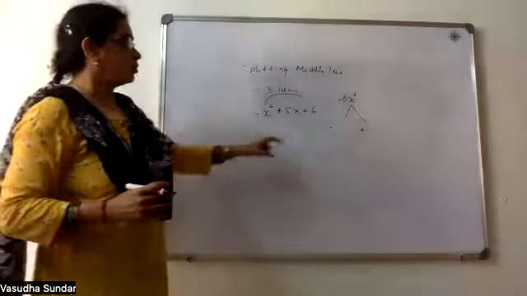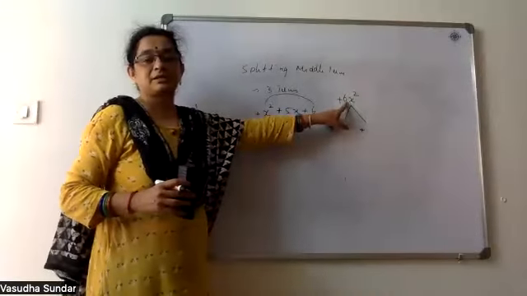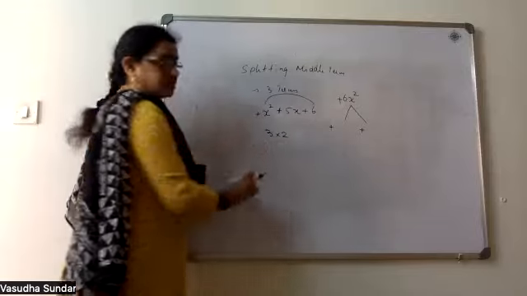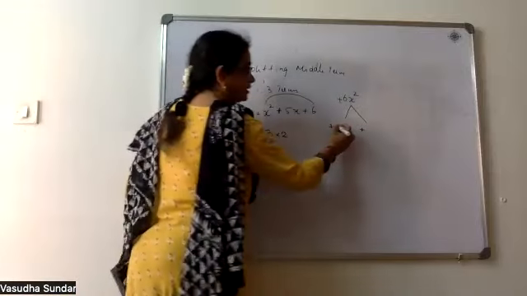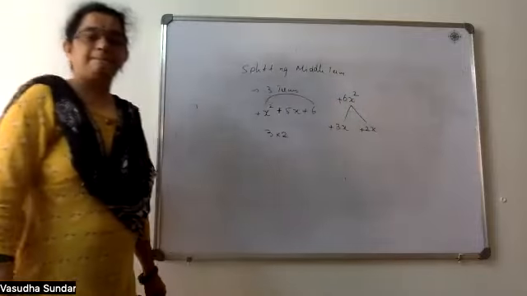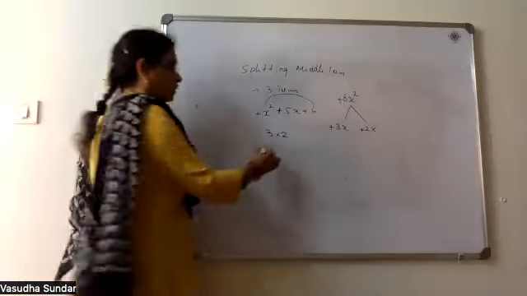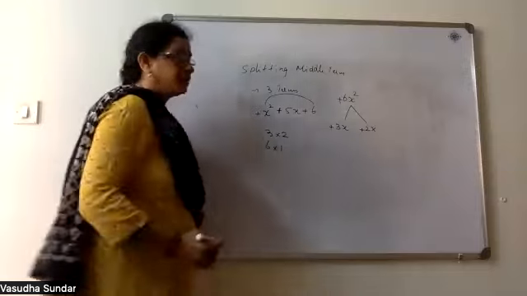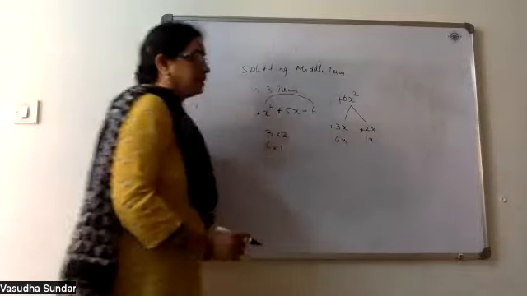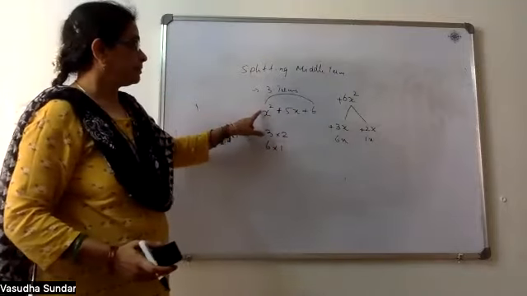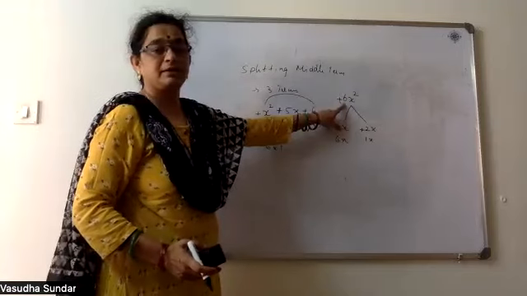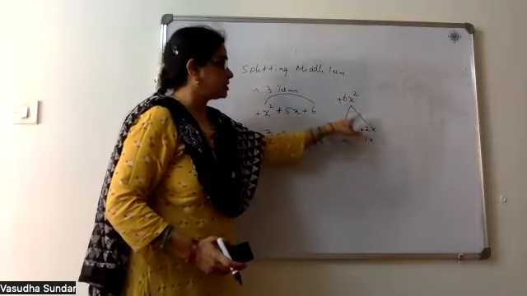Right? Now, in how many ways can I get 6? 3 into 2 will give me 6. So my factors can be 3x and 2x. Correct? 6 into 1 also is 6. So 6x into 1x. Now, I need the product: 3x into 2x is 6x squared. 6x into 1x is 6x squared.